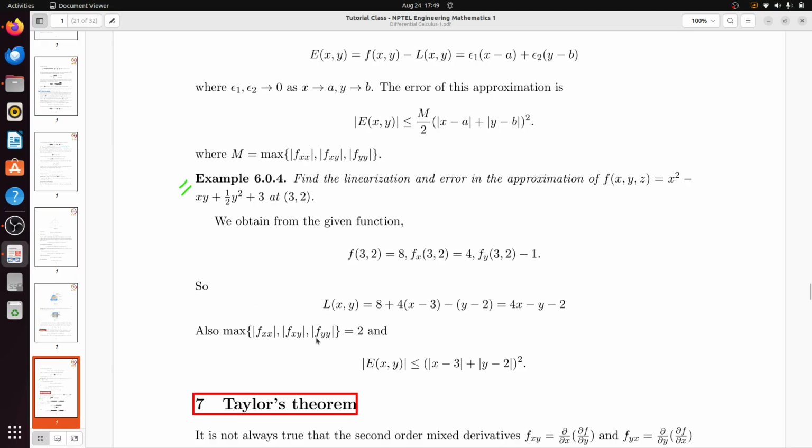So the max of their modulus values is 2. So 2 by 2 cancels one another. Then the error will be (modulus of x minus 3 plus modulus of y minus 2) whole squared.